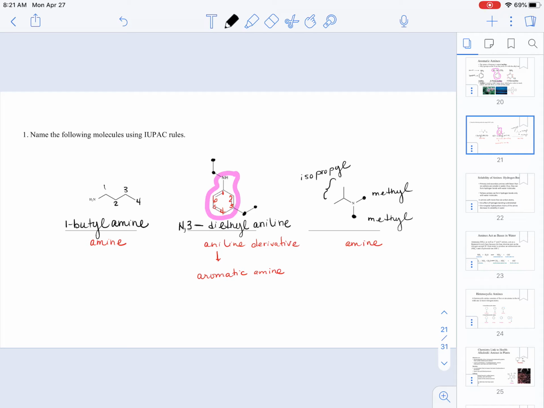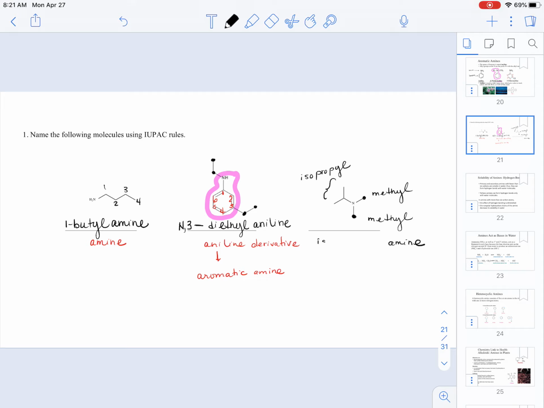So the name of the last compound, we have to end with the word amine. I'm just going to erase the classification. So this is going to be amine. And then we're going to put our substituents in alphabetical order.